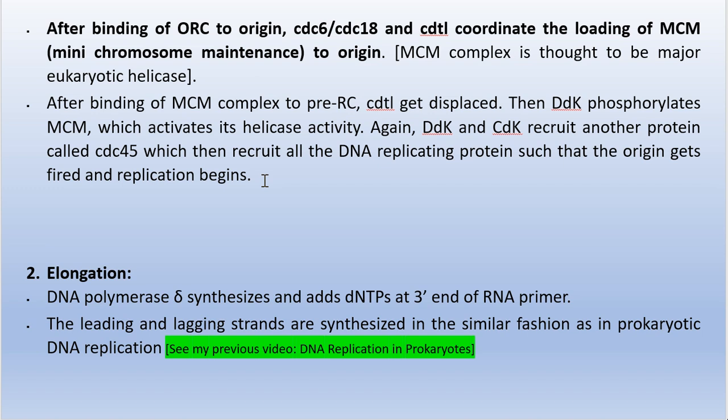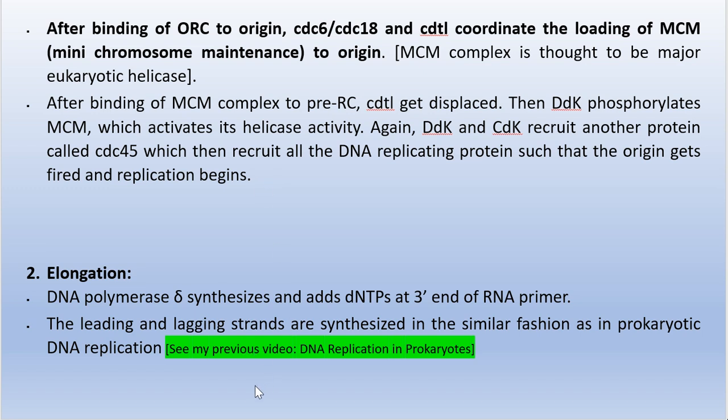Then DDK phosphorylates MCM, which activates its helicase activity. Again, DDK and CDK recruit another protein called CDC45, which then recruits all the DNA replicating proteins such that the origin gets fired and replication begins. So this is the initiation process of DNA replication in eukaryotes.